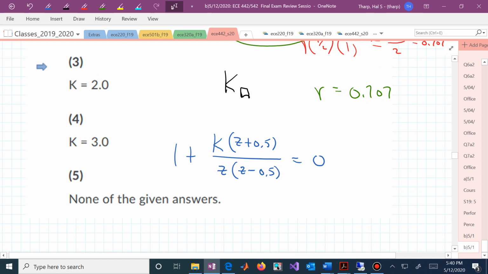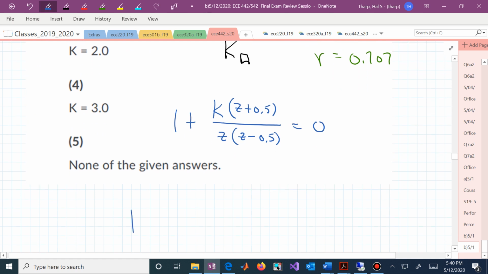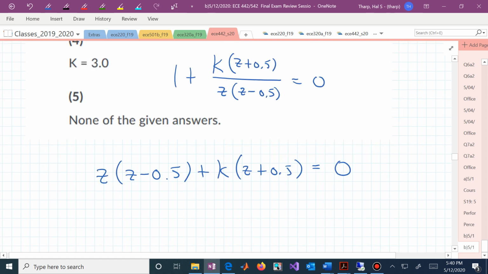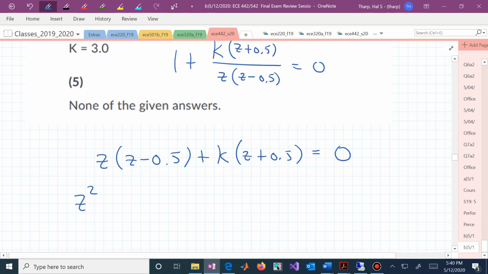If I now look at the numerator of that, I have z times z minus 0.5 plus K times z plus 0.5 equal to 0. I can multiply that out. I have z squared minus 0.5z plus Kz plus 0.5K is equal to 0.